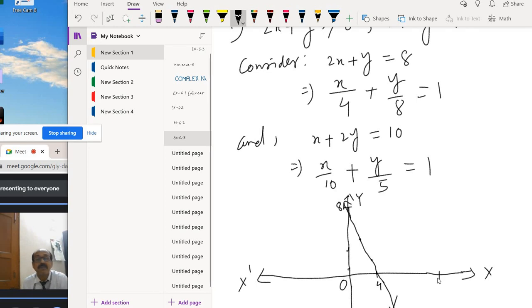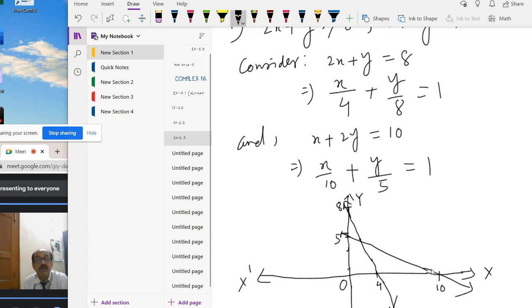Suppose this is x equals 10 and y equals 5. Now join these two points.